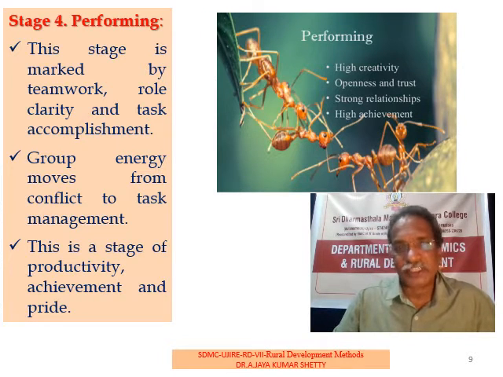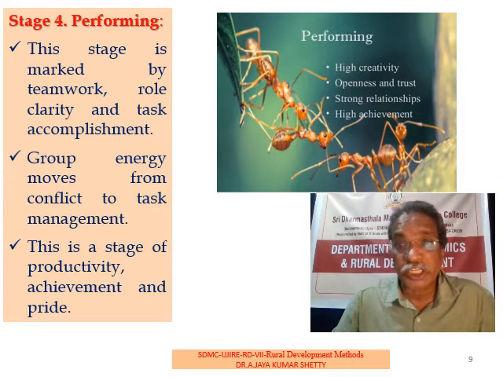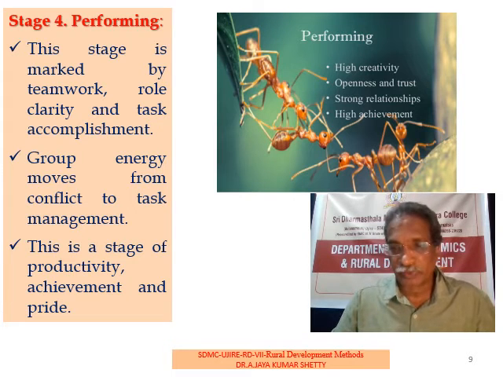The fourth stage is marked by teamwork, role clarity, and task accomplishment. At its peak, the group moves into the fourth stage of group development, known as the performing stage. The performing stage is marked by high productivity.